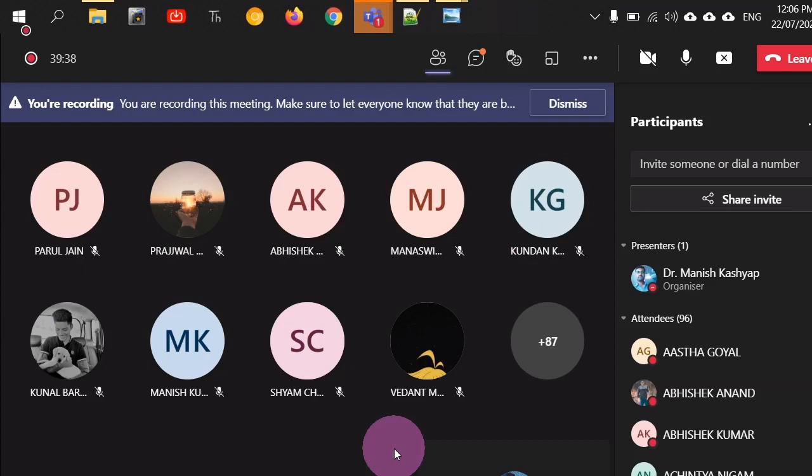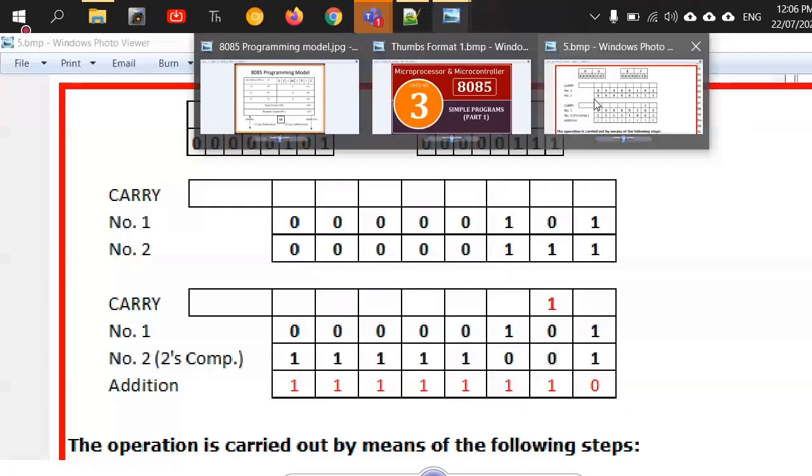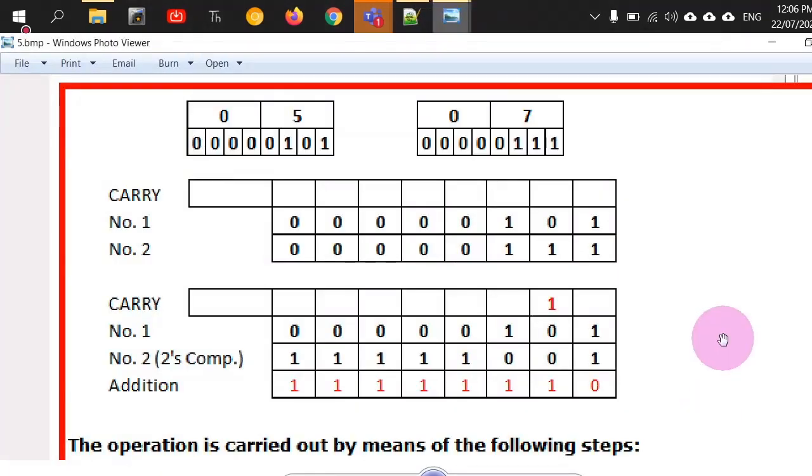Okay, let me give you the answer. Might be it's a course which is more of an electronics and communication course, so you might not have brushed up those ideas. So understand this. This much you already know, that if you want to subtract two numbers by using the two's complement system, you have to take the first number as it is, take the two's complement of the second number and add it to the first number.